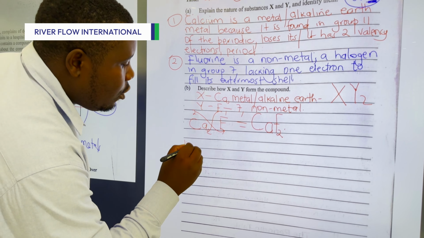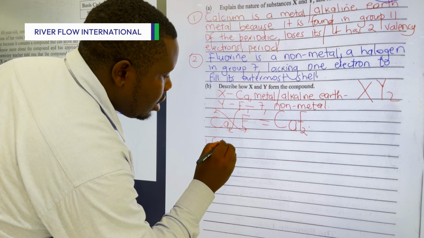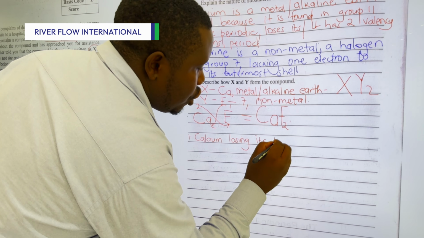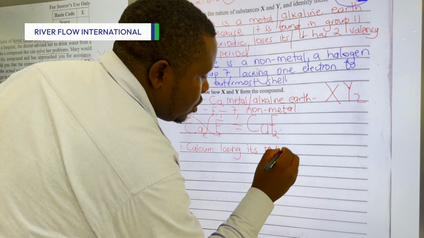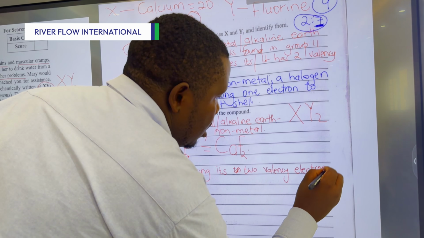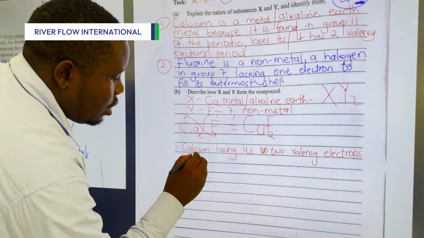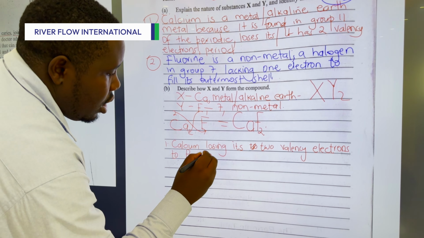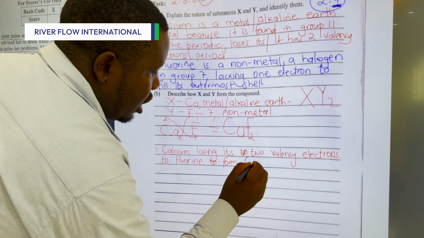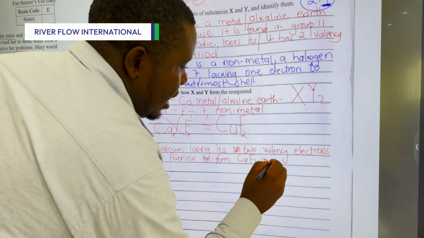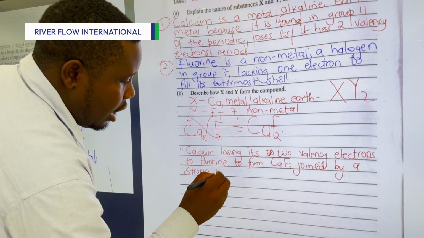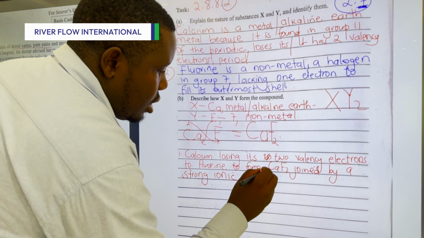So we are writing, it will form a compound by calcium losing its two valence electrons to fluorine to form calcium fluoride joined by a strong ionic bond. That is how they are going to be formed.